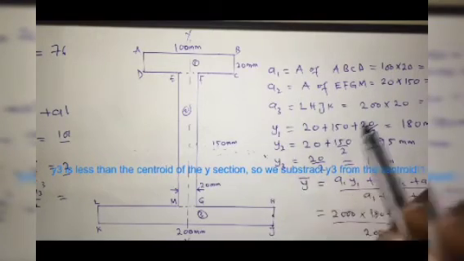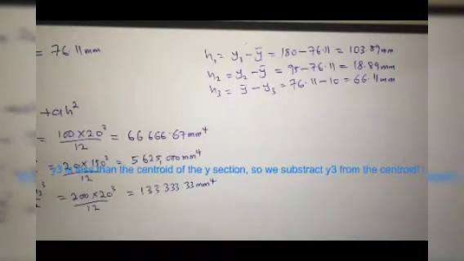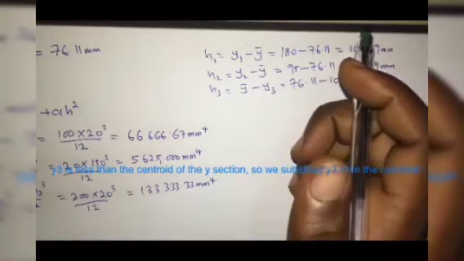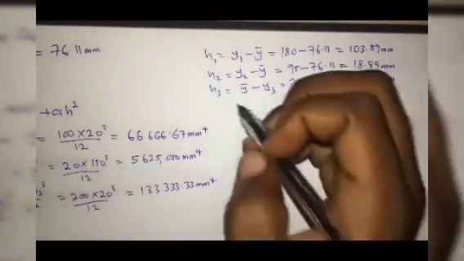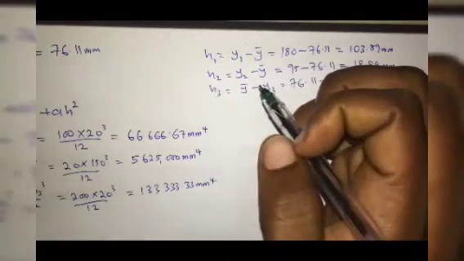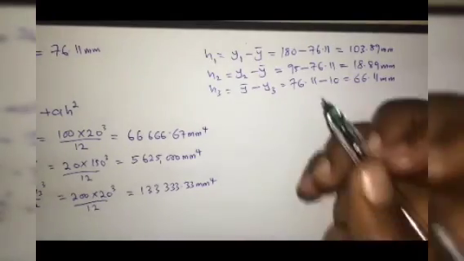The next thing is substituting everything in the parallel axis theorem formula, to get the moment of inertia of the whole section in the XX direction.